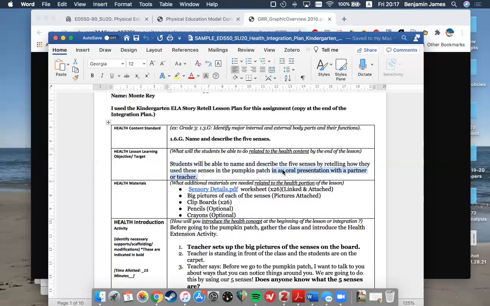So really super clear. You can go over this more in your other classes, but this is a really great learning objective. Very clear, very measurable, and very much aligned with the standard.